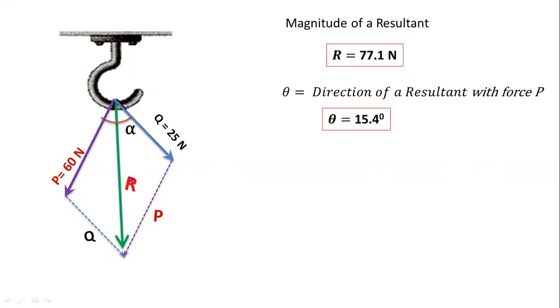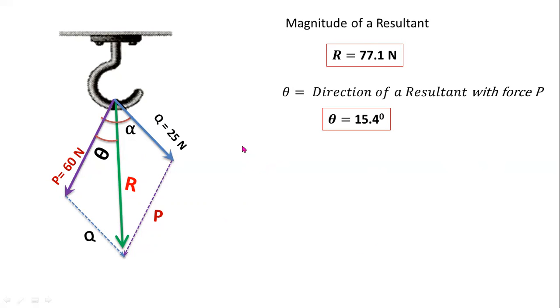The magnitude of this resultant equals 77.1, and alpha is the total angle between the two forces, where theta is the direction of the resultant with respect to the force P. So this is the force P, and theta equals 15.4 degrees with respect to the force P. This is the final answer for this problem.